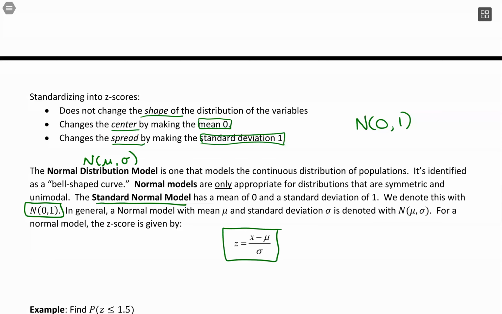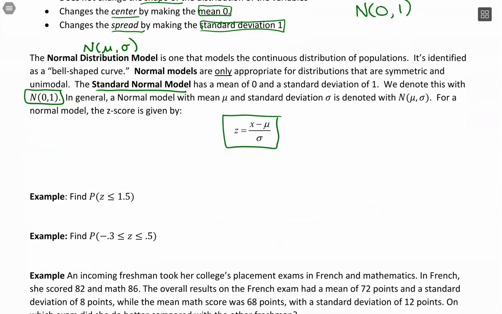Let's look at a few examples. So with these two right here, let's say I wanted to find some probabilities. This first one is saying, what's the probability that z is less than or equal to 1.5? Now the notation here is very simple, and it might look like you don't have enough information here, but a lot is implied by this notation. So what's implied is, because that's saying z right there, we're using a normal model with a mean of 0, standard deviation of 1.